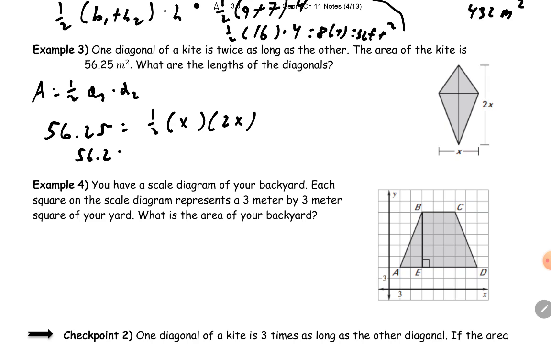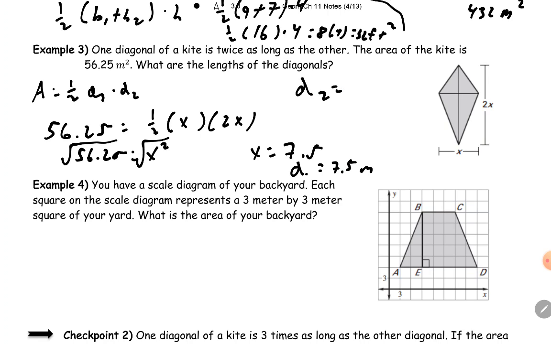So I'll have 56.25 equals 1/2 times 2 is 1, x times x is x squared. Take the square root of both sides, and we'll get x equals 7.5. So diagonal 1 will be 7.5 meters. And diagonal 2 is going to be 2 times that, so 15 meters.